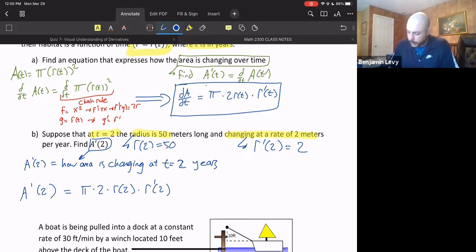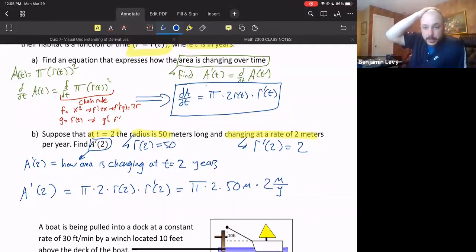We just plug them in. So we'll have pi times 2 times 50 meters times 2 meters per year. And I'm including the units there because ultimately we want to have some good units on our answer. If we just put them into the problem, you can figure out what the final ones end up being.